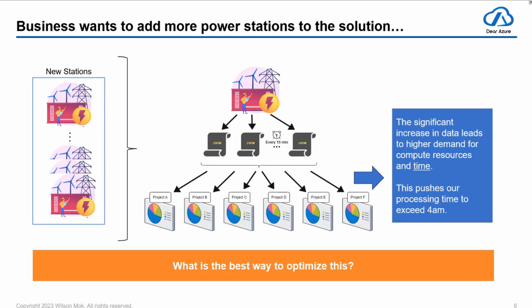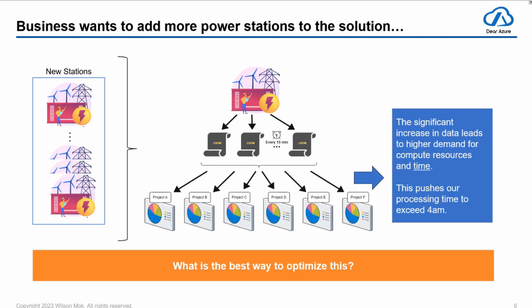Due to the number of power stations, it will lead to a significant increase of data for us to process, and that will result in a higher demand for the compute resources, and more importantly, the time that it takes to process the data.